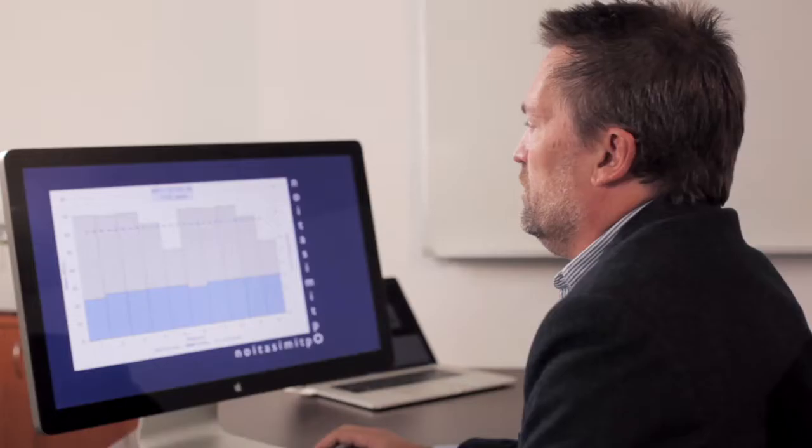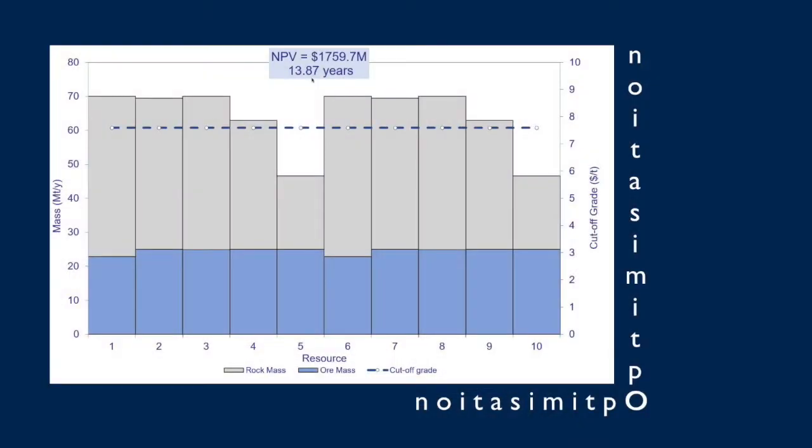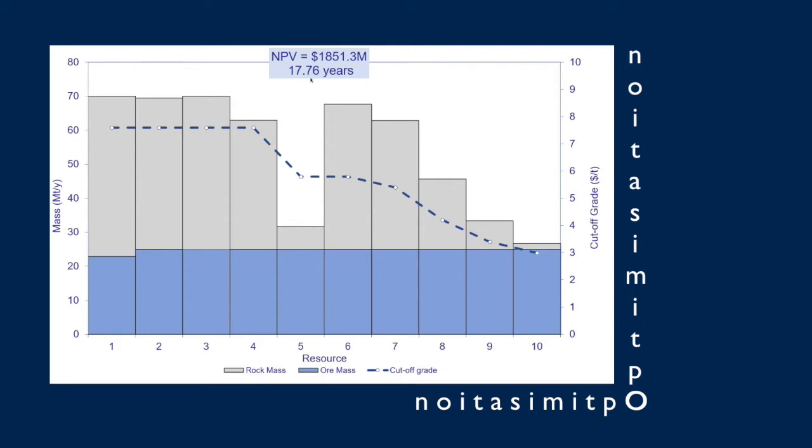The net present value of the schedule is shown at the top here, and the life. So this will start at the last increment and move forward through the increments until we get to the first period, the first increment.